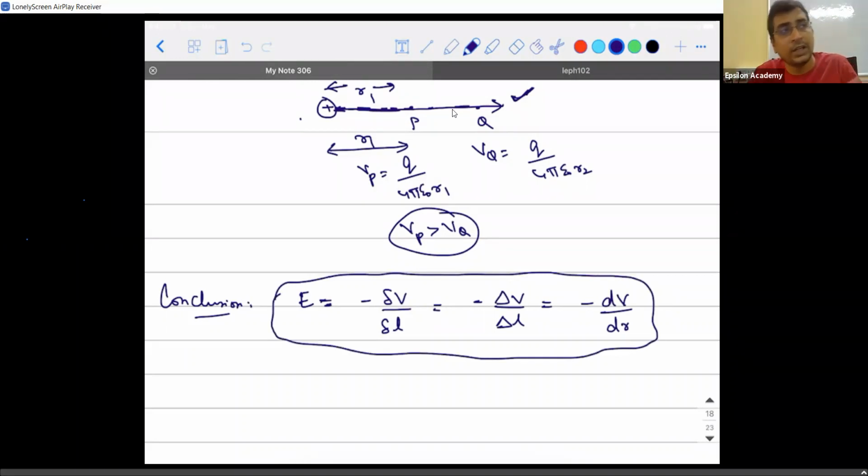But if you have already drawn the direction of the electric field, then you can take the magnitude alone, and you need not introduce a minus sign in that problem.